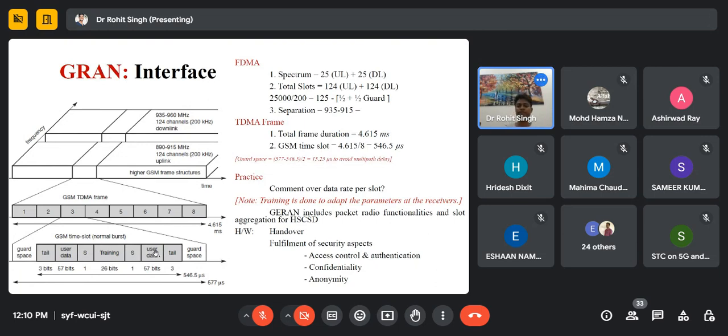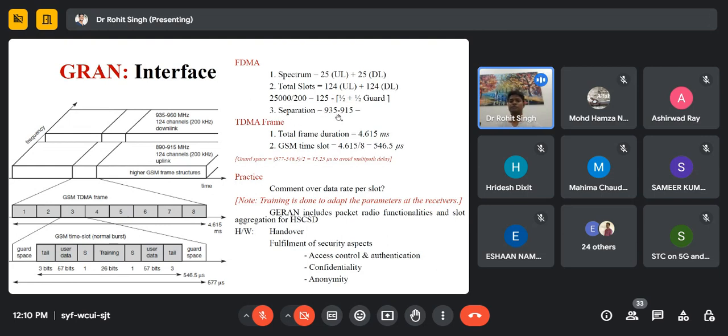So with this, we can make some calculations regarding the achievable data rate. FDMA spectrum: 25 megahertz for uplink, 25 for downlink, so that we get 124 channels for uplink and 124 channels for downlink.